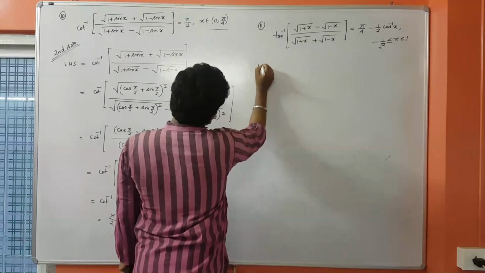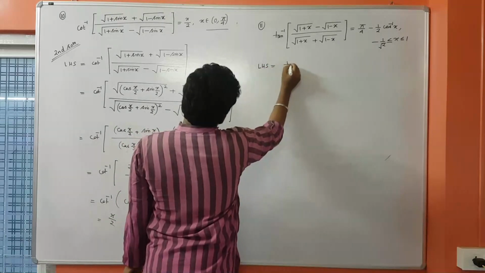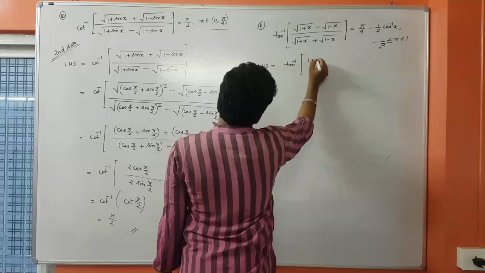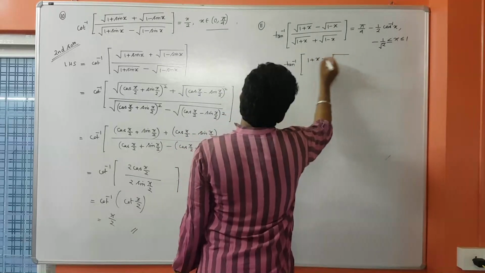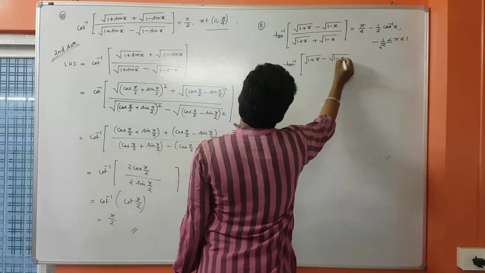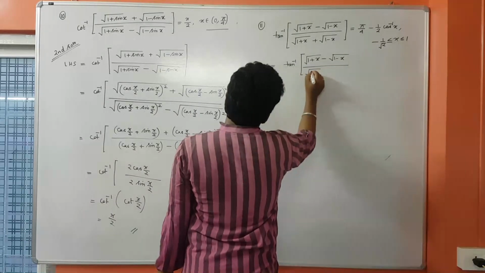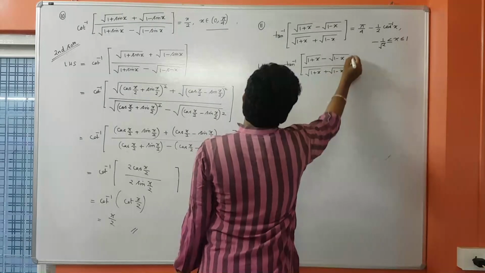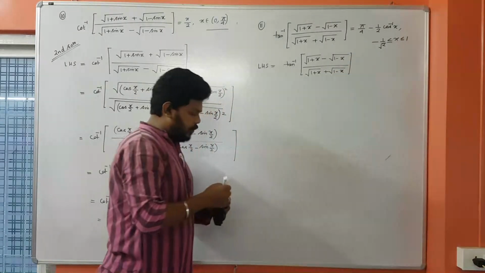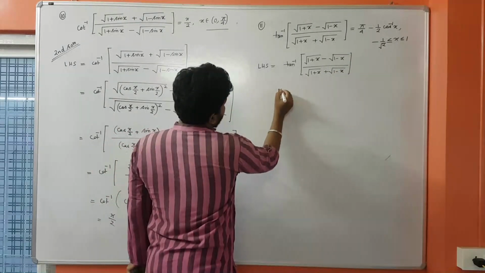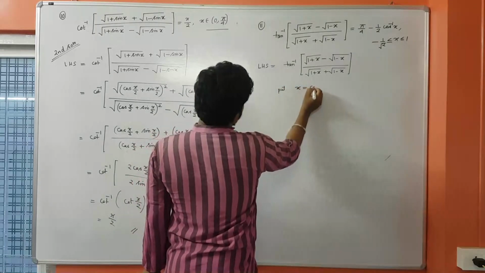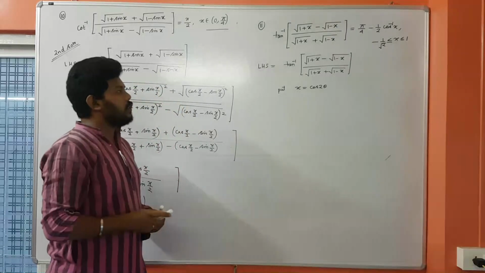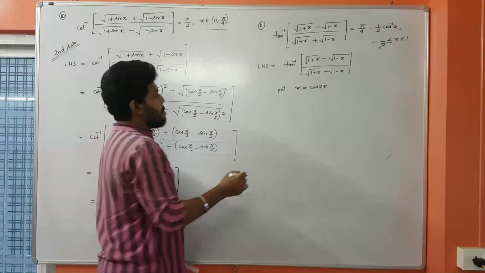Okay, let's start. LHS: tan inverse of root over 1 plus x minus root over 1 minus x divided by root over 1 plus x plus root over 1 minus x. We are given the hint. Put x equal to cos twice theta.